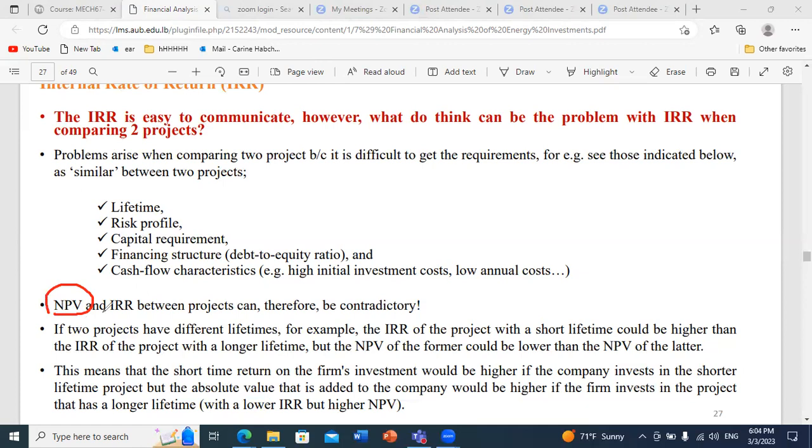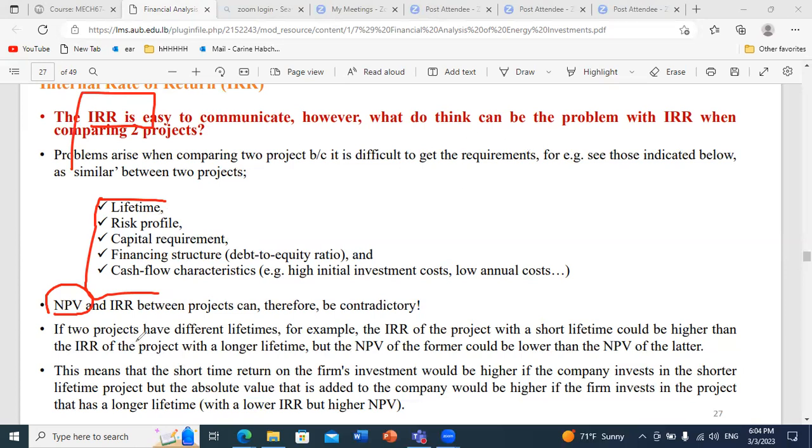This is because mainly you might not have the same lifetime. That's why, to be able to compare only IRR, you should have the same lifetime. Make sure to have the same characteristics to do comparisons, because if you have different lifetimes, you might have a larger IRR, which is better, but a smaller NPV.